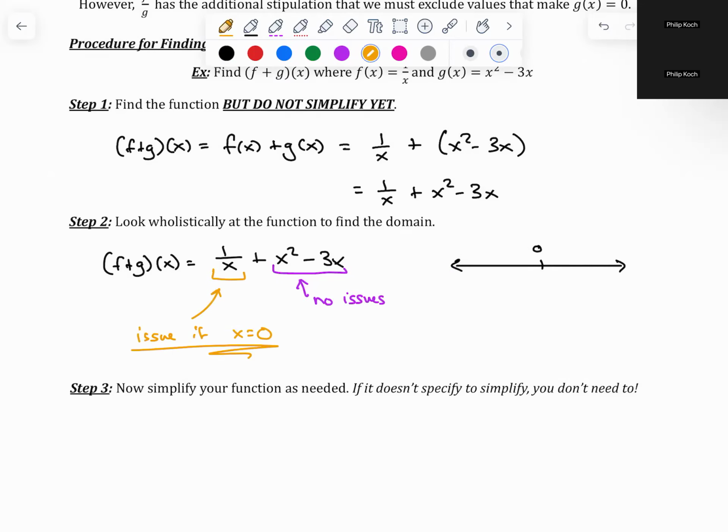So we have to pluck this one out. But everything else is fair game. So the domain is negative infinity to 0, parenthesis, union, parenthesis, 0 to positive infinity.